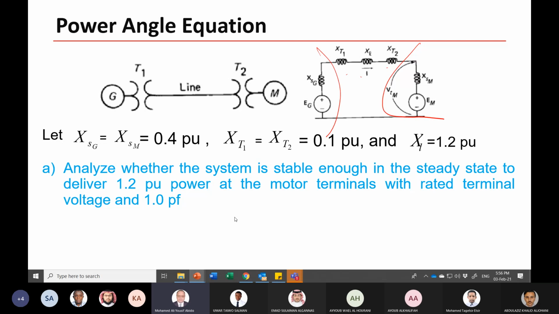Analyze whether the system is stable enough in the steady state to deliver 1.2 per unit power. We need to check whether the system is stable or unstable under this power transfer. The power at the motor terminals is 1.2 per unit with rated terminal voltage VTM of 1 per unit and unity power factor.